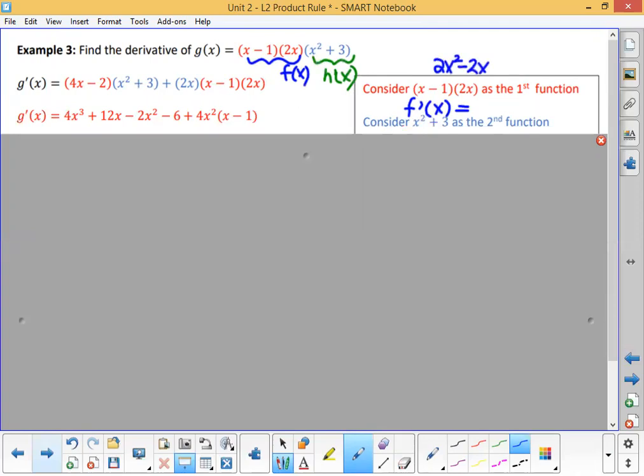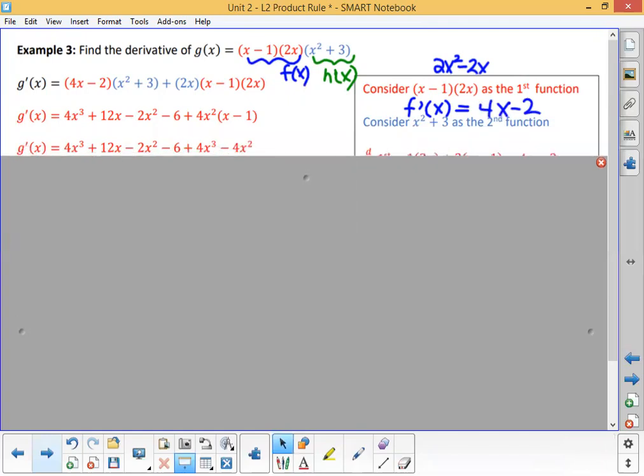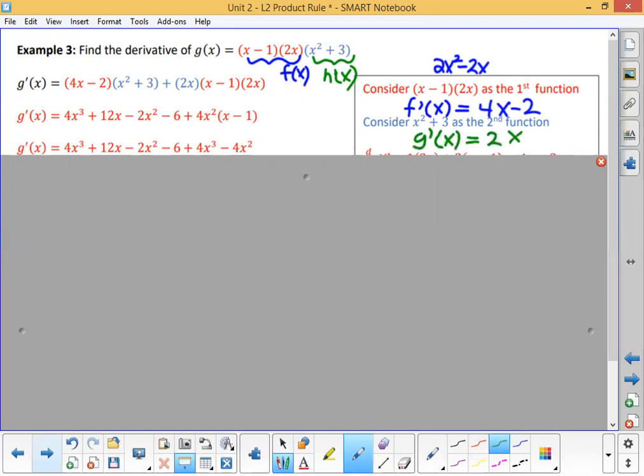So the derivative of that would be 4x minus 2. Now, x squared plus 3 would be the second function. So g prime of x would be just 2x.